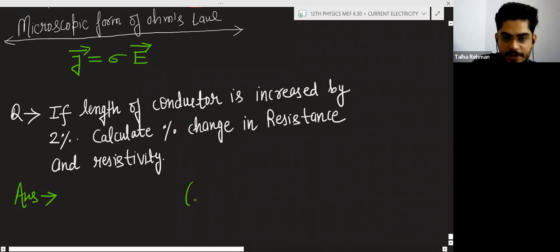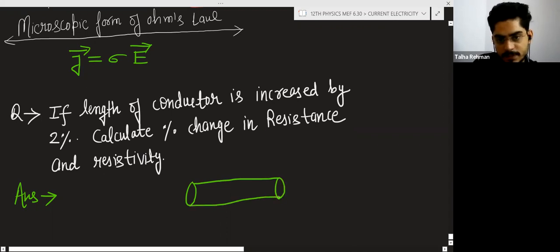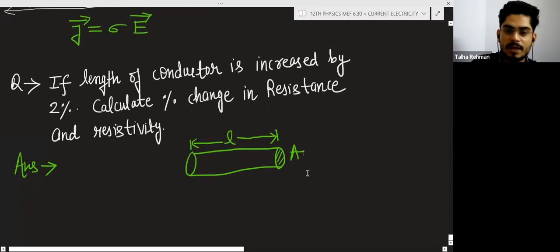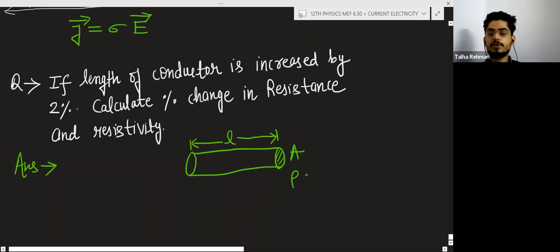So they are saying we have a conductor earlier, and this conductor has length L. I am supposing L is the length of the conductor initially, A is the area of cross section initially, and rho is the resistivity of this conductor.